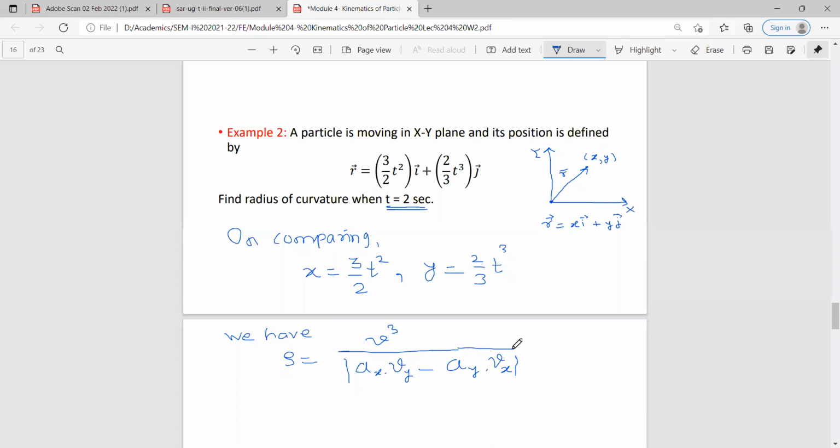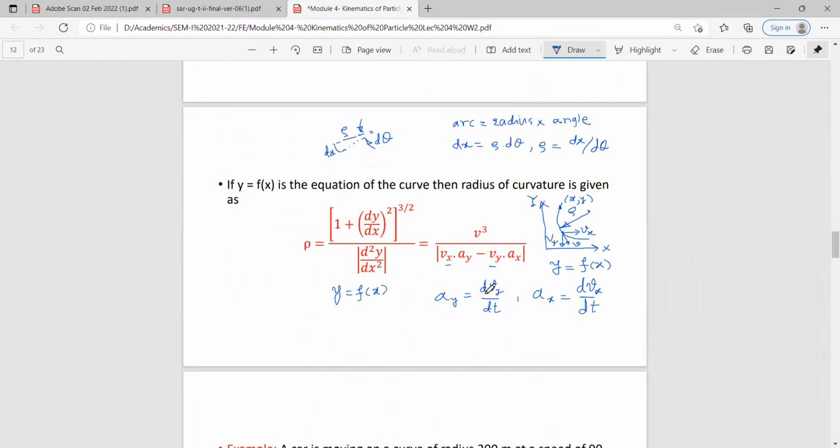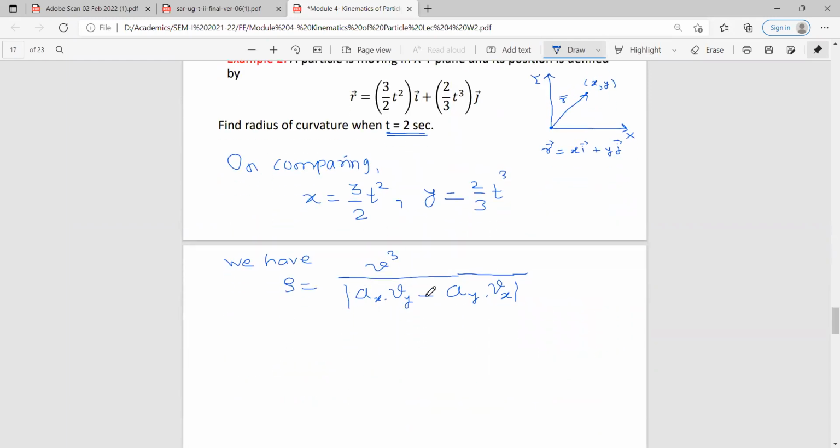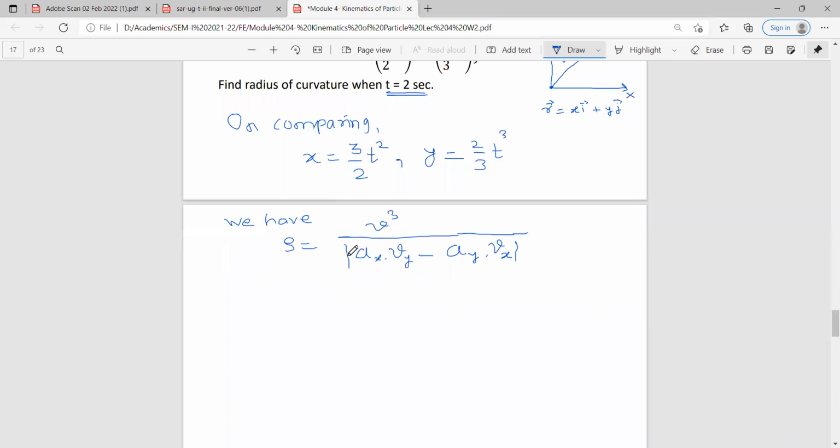Whatever is the output of this, we have to take the mode, meaning the positive value, and that will divide v cube. Let me check the formula is correct: vx into ay minus vy into ax. This mode will be the same even if I change the terms here and there, because we are taking the positive value.